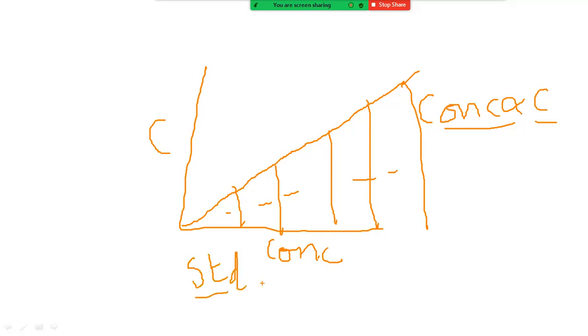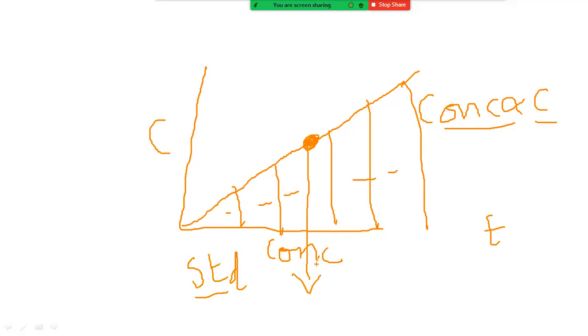After taking the calibration plot, we take the test solutions and measure the conductivity values, and we identify the conductivity values of the test solution in this standard calibration plot so that we can identify the concentration of that particular test solution.